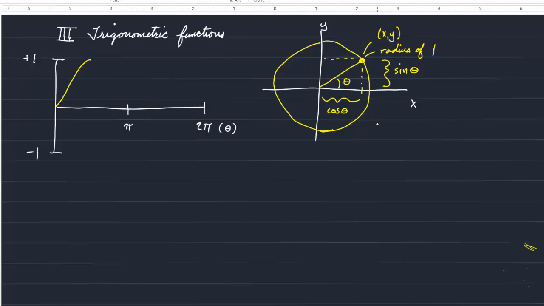And then as we continue around our circle, the sine of theta decreases back to 0 at 180 degrees, right? And then as we continue around where theta is greater than 180 degrees, sine of theta becomes negative.